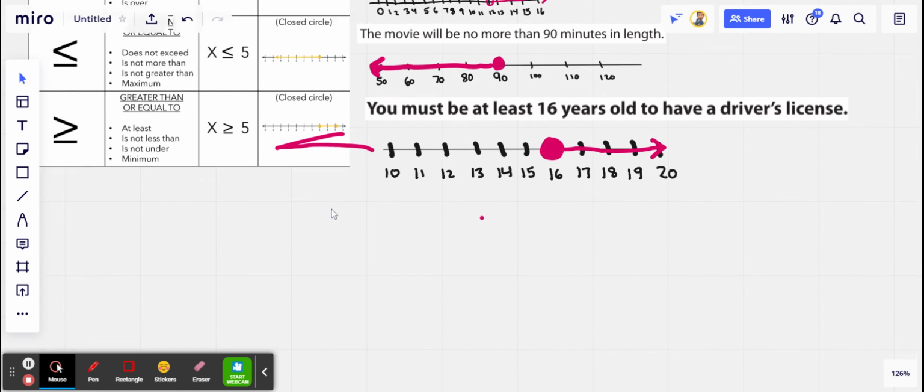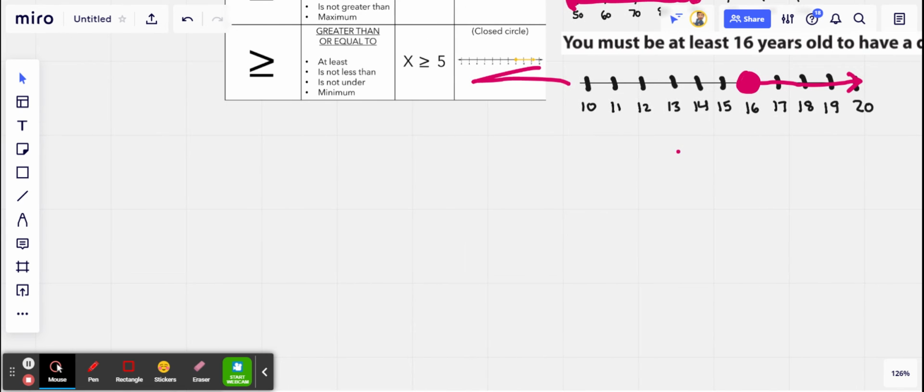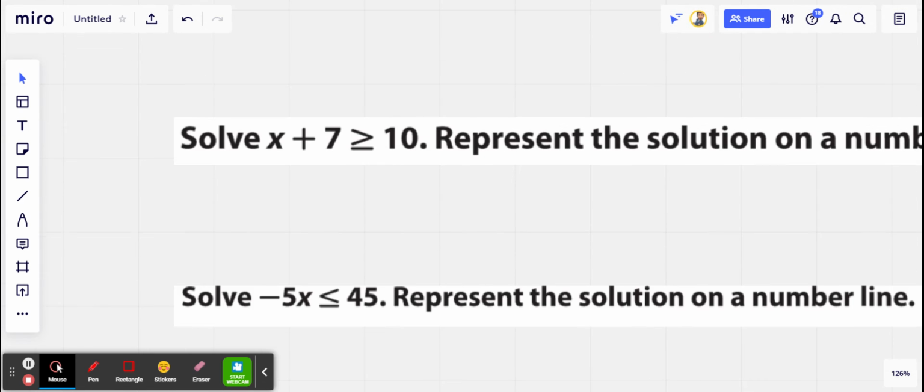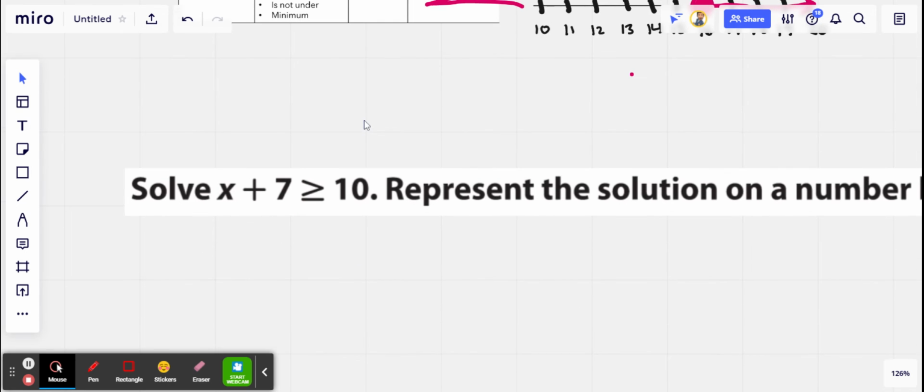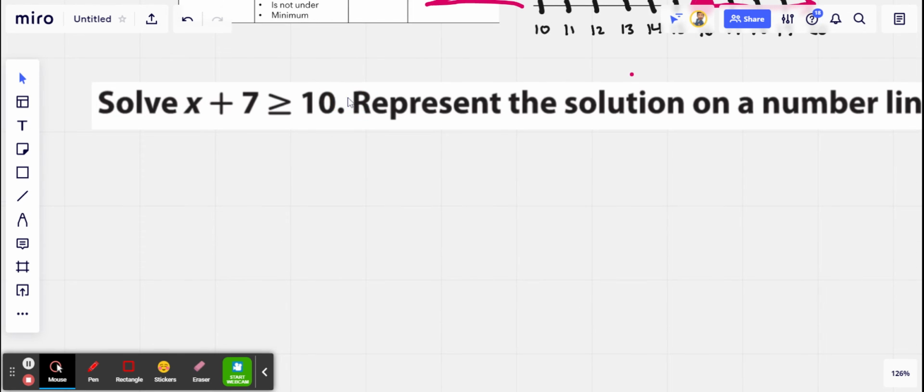You'll be familiar with this. This is just how we solved an equation. Let me move this up here, and I'm going to show you. It says solve x plus 7 is greater than or equal to 10.